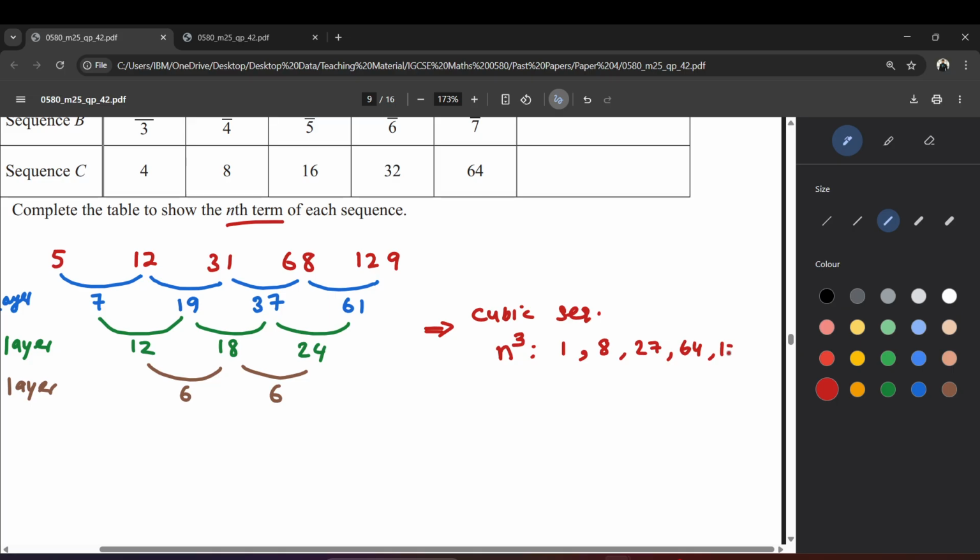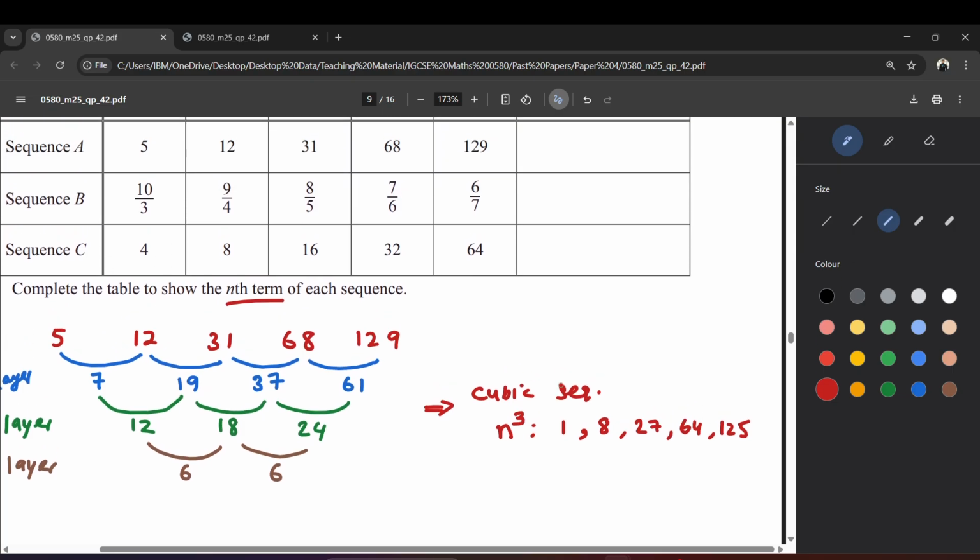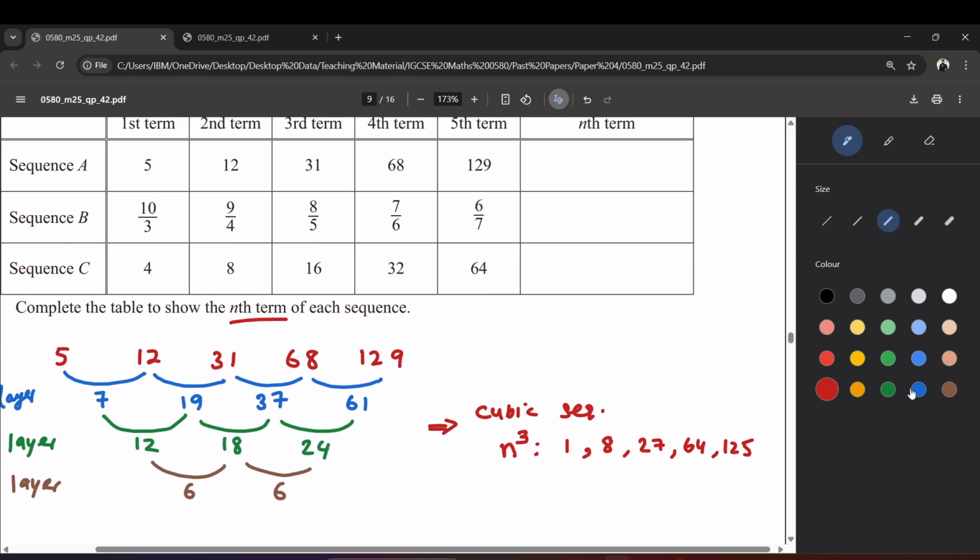And 5 cubed is 125. This is what I should get with n cubed. Let's compare this with the original sequence. The original sequence has 5, whereas I had 1. The original has 12, I had 8. 31, 27, 68, 64, 129, 125.